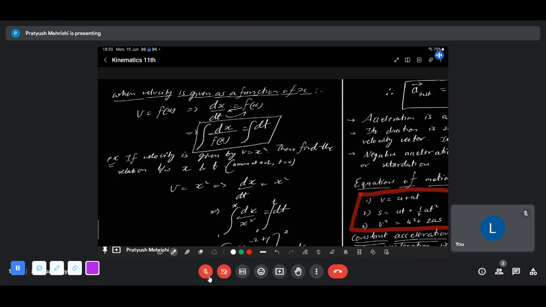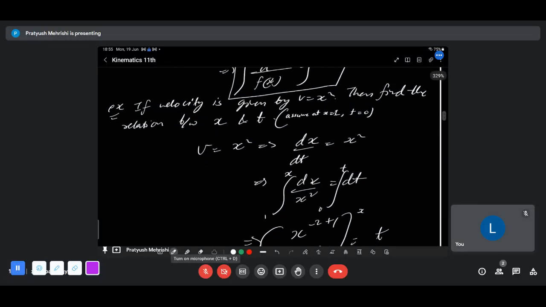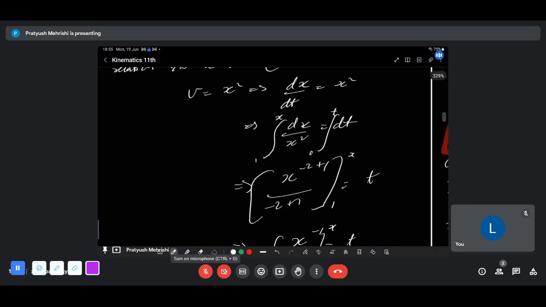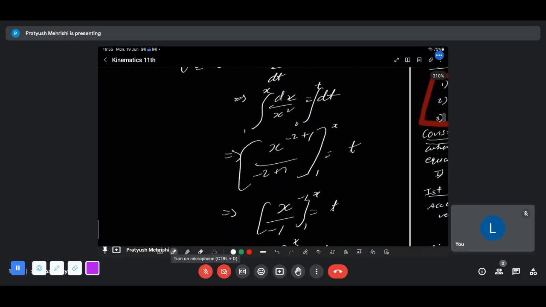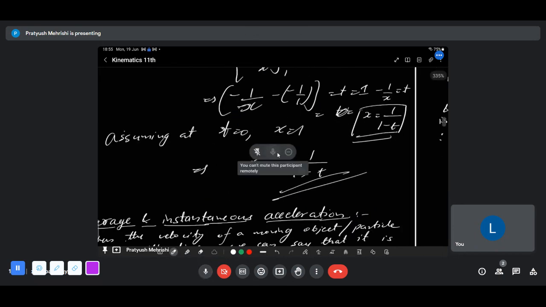Like v is equal to x square is given in this example, and it is said to find out the relation between x and t. We did the same as we learned above, integrated it, and got the relation x equals 1 upon 1 minus t.